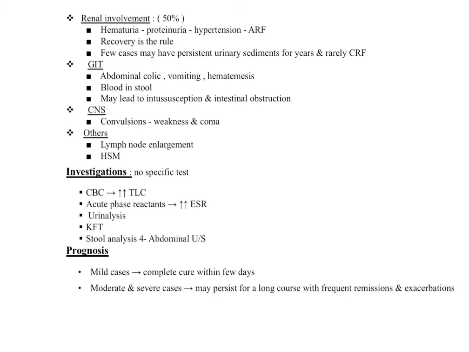GIT manifestation: abdominal colic, vomiting, hematemesis, blood in the stool, which may lead to intussusception and intestinal obstruction. CNS manifestation: convulsion, weakness, and coma. Others: lymph node enlargement, hepatosplenomegaly.